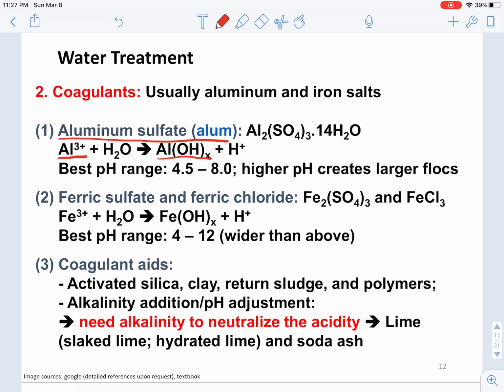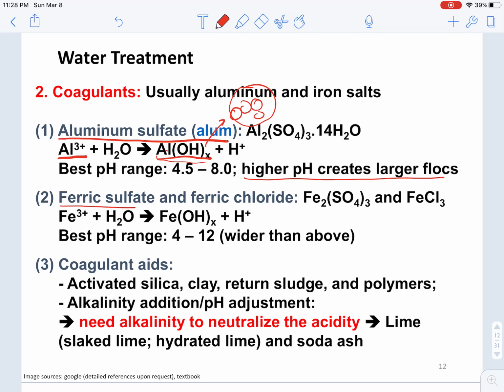And these will form sediments, so they can further interact with the particles in the water, and then form larger flocs, basically larger clumps of water particles. And as you can see, the higher the pH, that will create larger flocs, simply because the higher the pH, the more aluminum hydroxide we're going to form from this reaction.